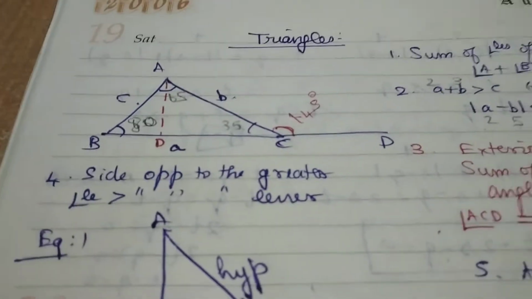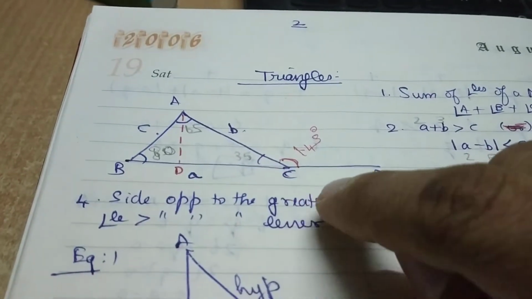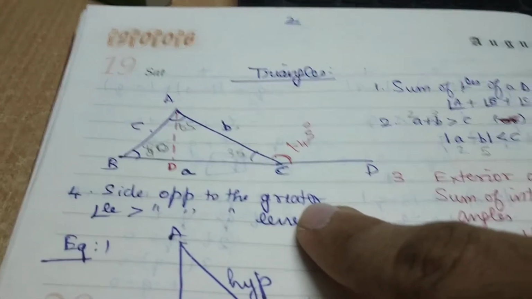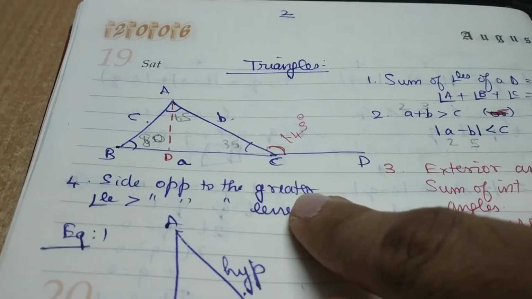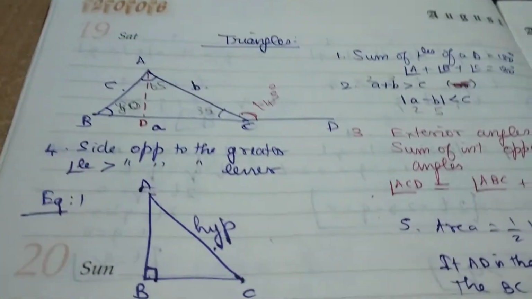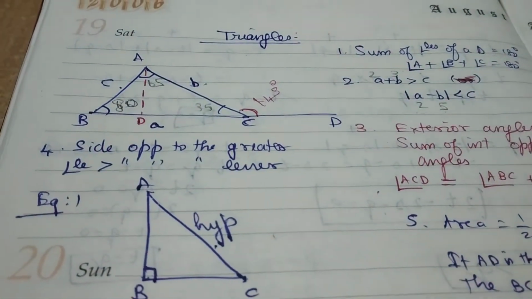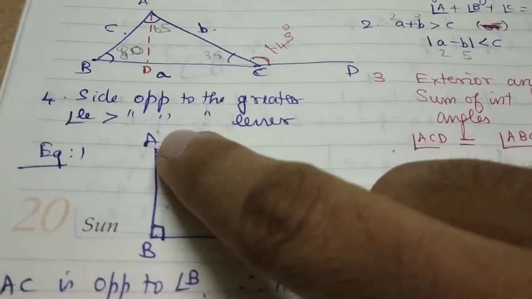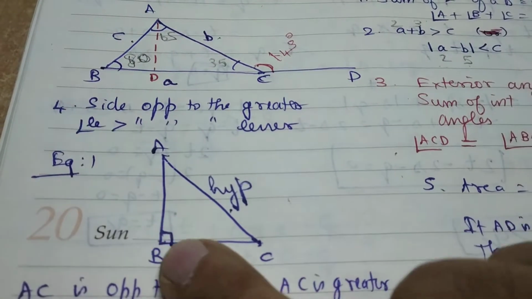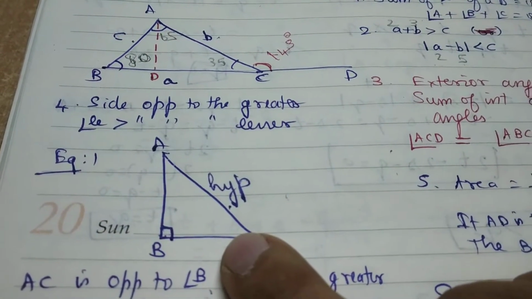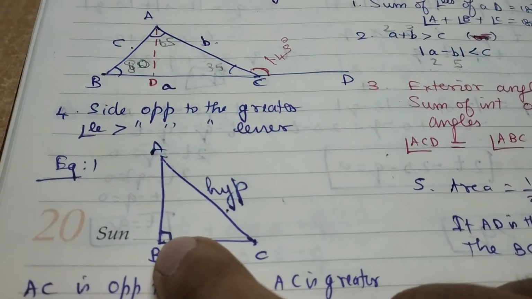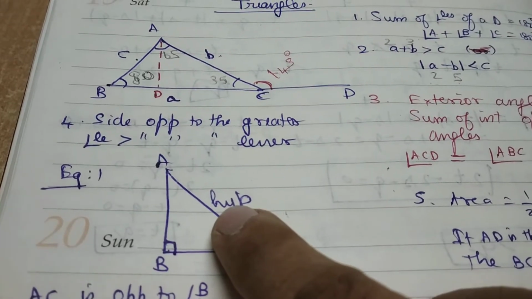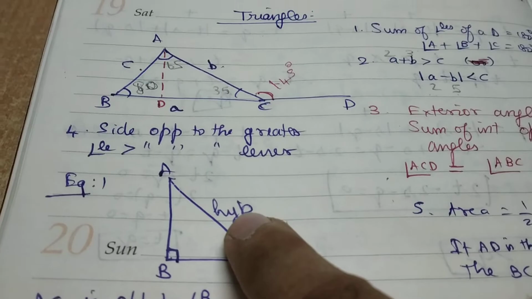Now, the next property of triangles: the side opposite to the greater angle will always be the greater side. Similarly, the side opposite to the lesser angle will always be the lesser side. Let us consider an example for this. I am considering a right-angled triangle, right-angled at B. Here, the side opposite to the right angle will be the hypotenuse.